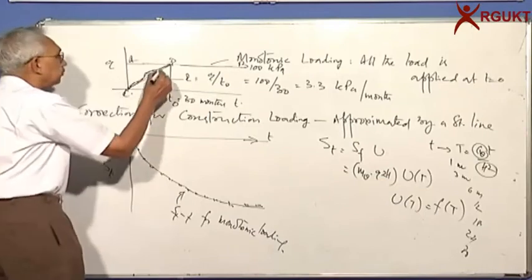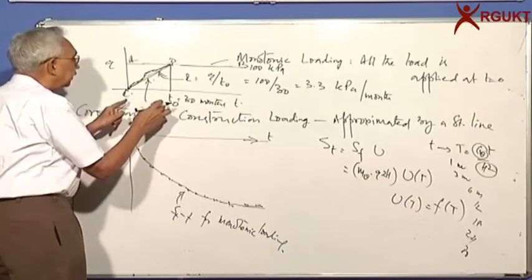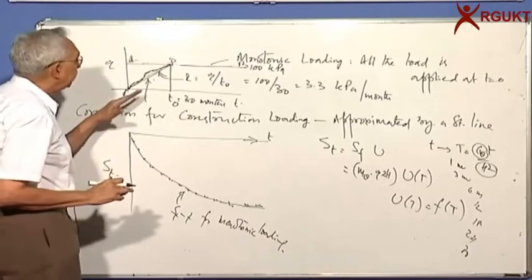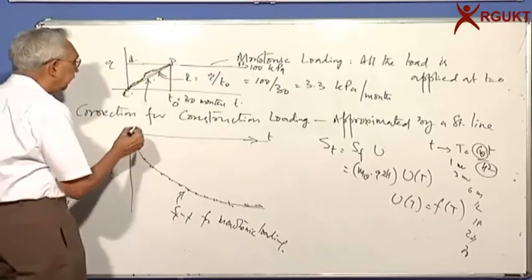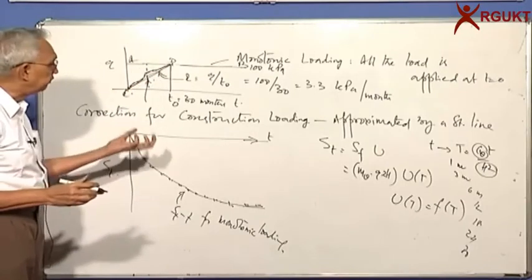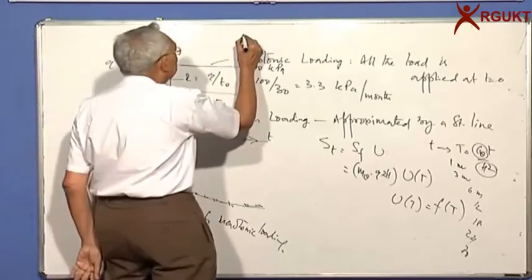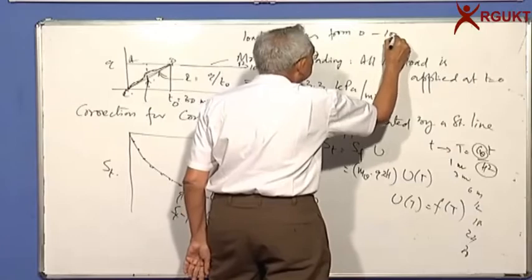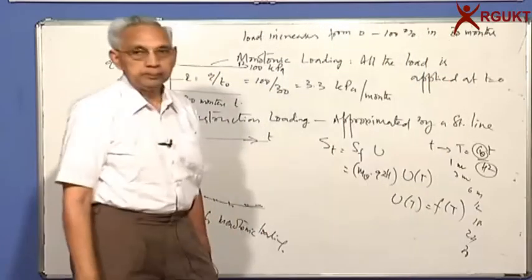You agree that it took us 30 months for the construction load to be applied, and it is gradual. Can I say that it's approximately equal to half the time, that is 15 months, for the full load? Load increases from 0 to 100% in 30 months, right?